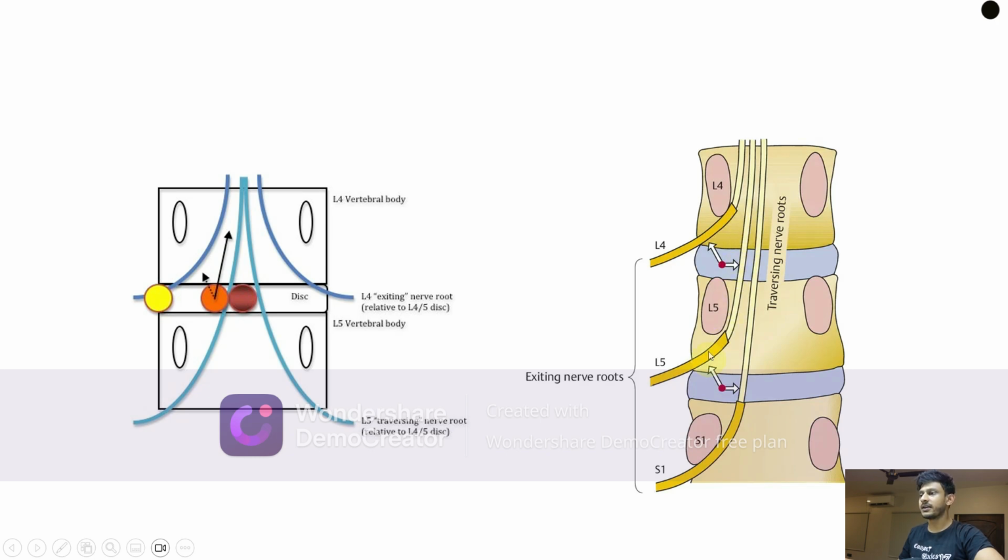So at an L4 L5 disc level, the L4 nerve root will be affected in a foraminal disc protrusion, and in a paracentral disc protrusion, the traversing nerve root will be affected, which is L5. So in an L4 L5 disc, the L5 will be the traversing nerve root and the L4 will be the exiting nerve root.